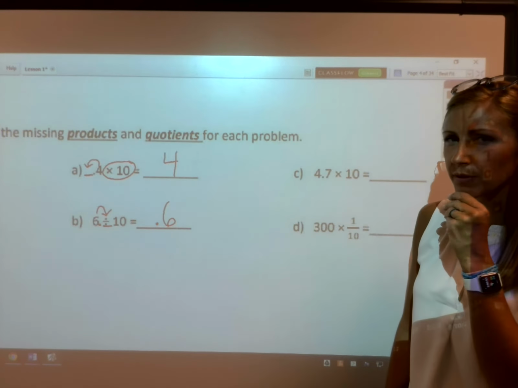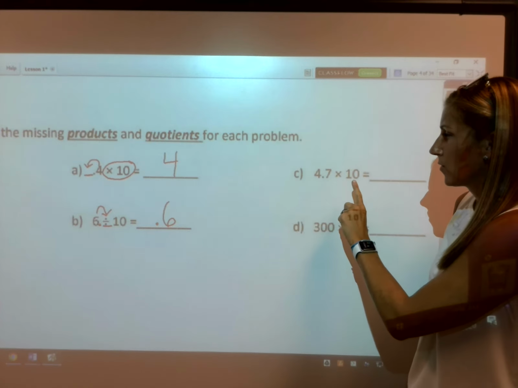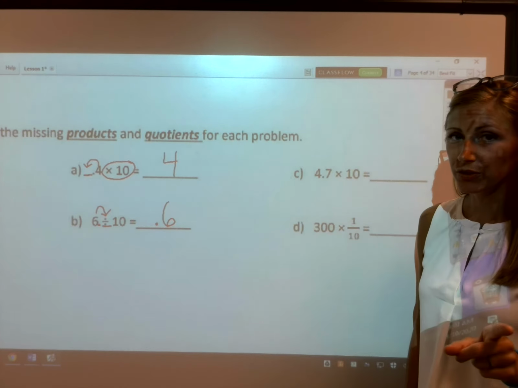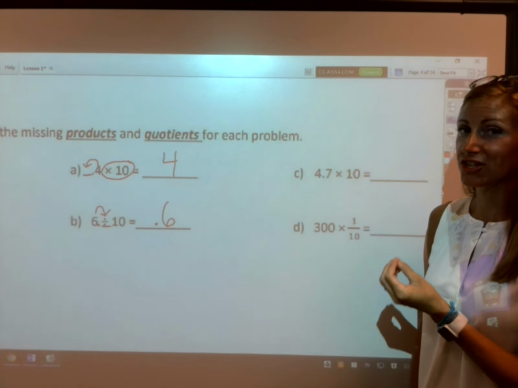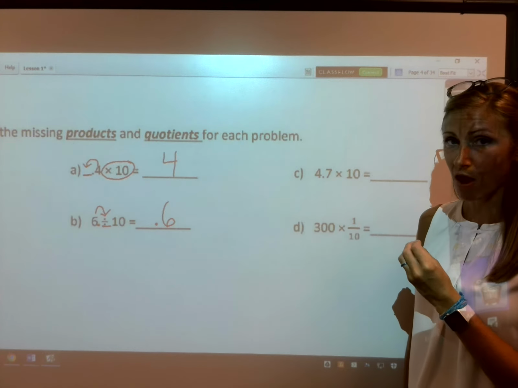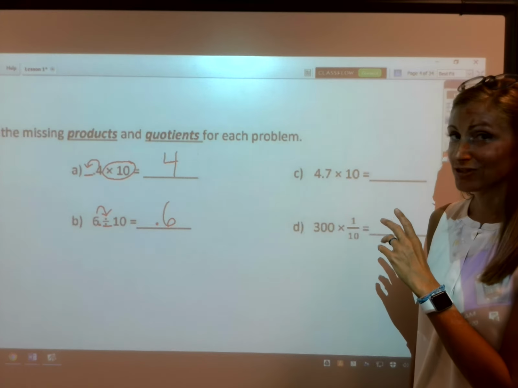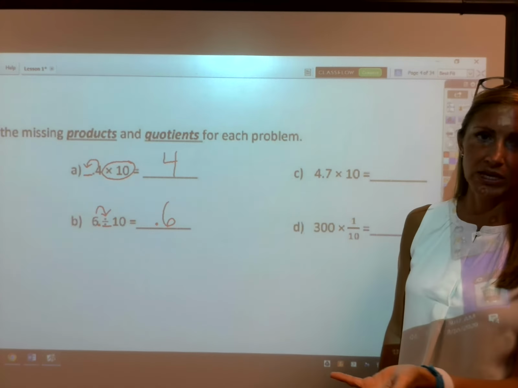All right, let's see if we're ready for a little trick question here. 4.7. Hopefully you didn't say that. Reading a number like a mathematician that you are, yes you are, how would you say that number? So it's not 4.7. Yes, that's a quick way to say it.